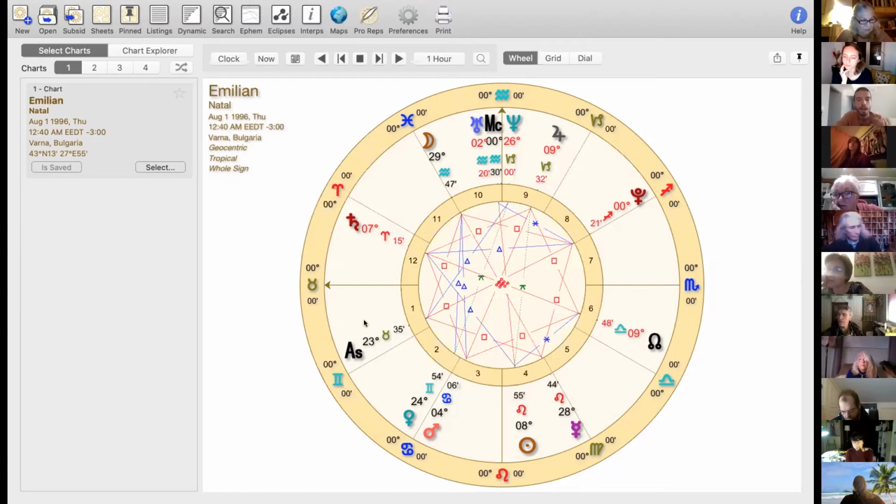Got it. In general, slow bodies like Saturn and Jupiter don't make aspects to other planets as much as other planets make aspects to them. So whenever the moon, because she moves pretty quickly, makes a major aspect to Saturn, that's interesting.